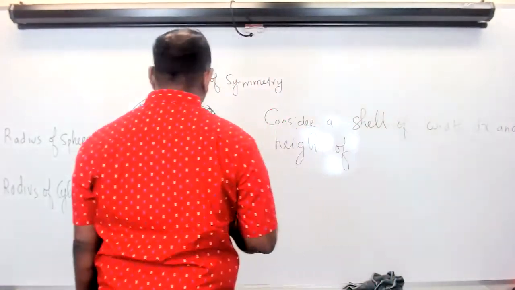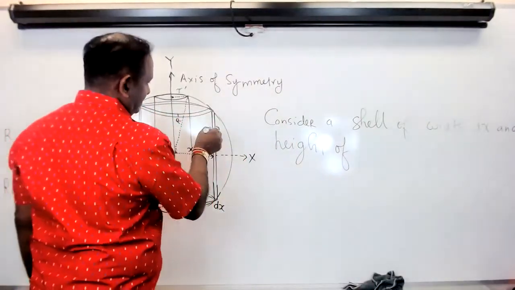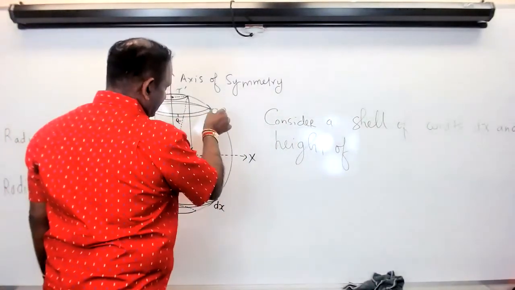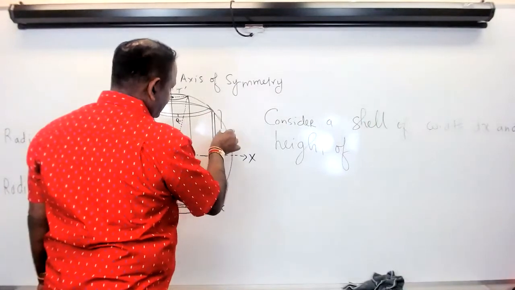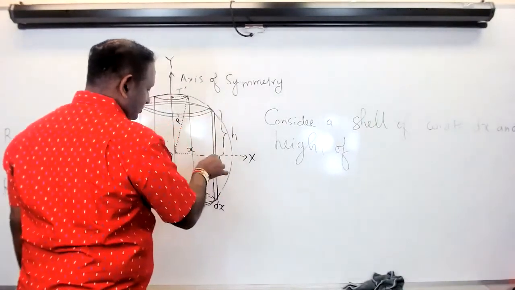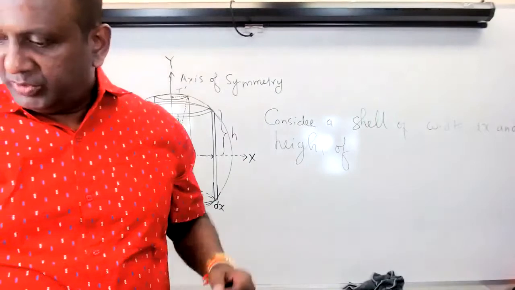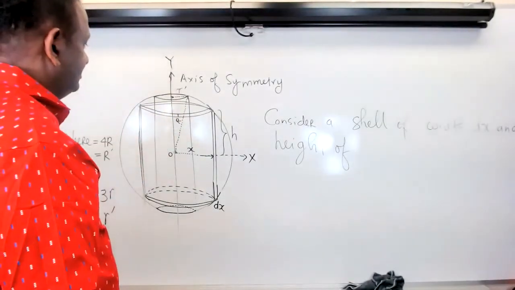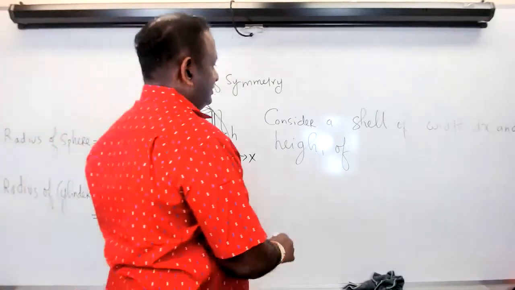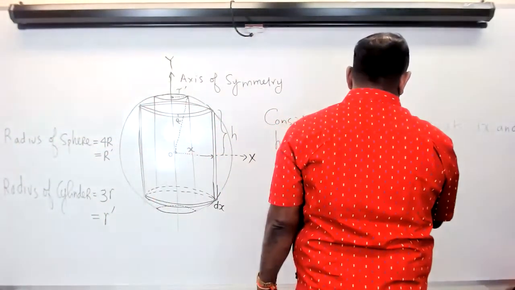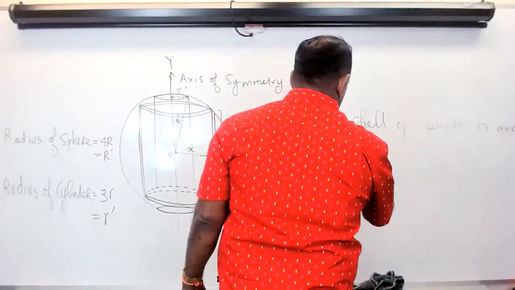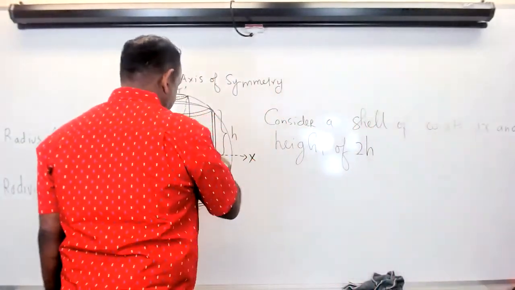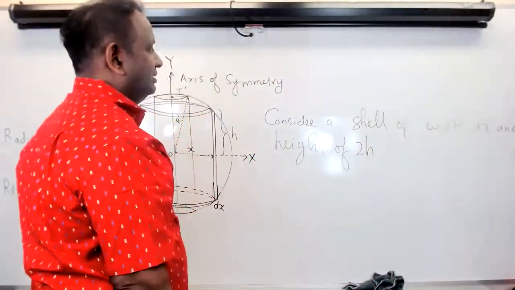We're talking about this from here to here. For my convenience, I'm going to say this one is h. So it should be 2h, no? Height 2h.